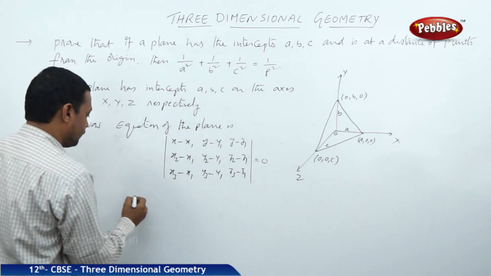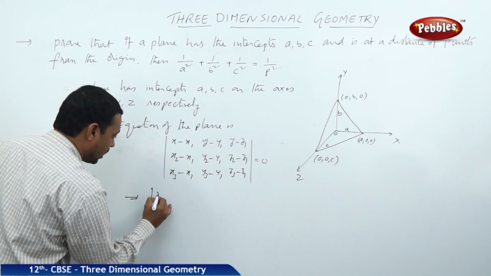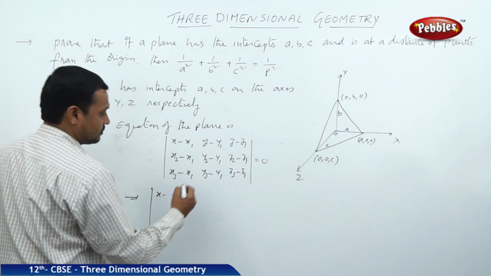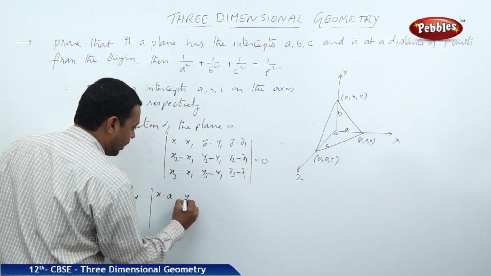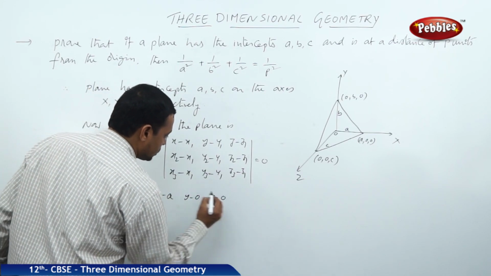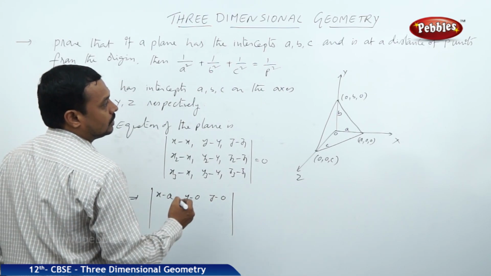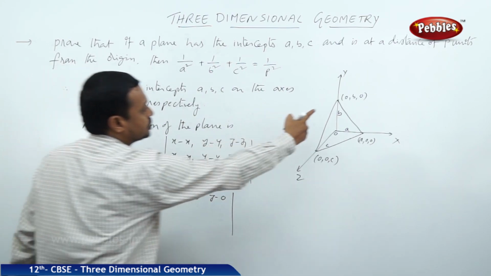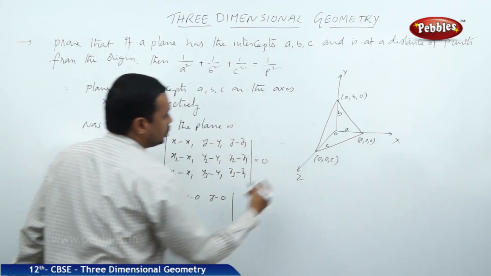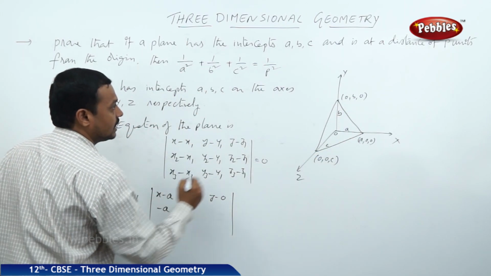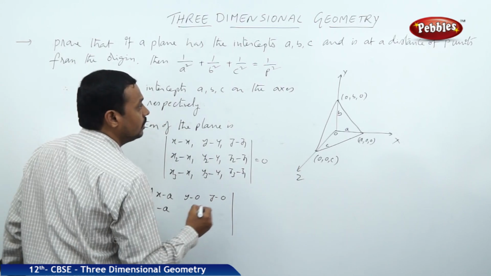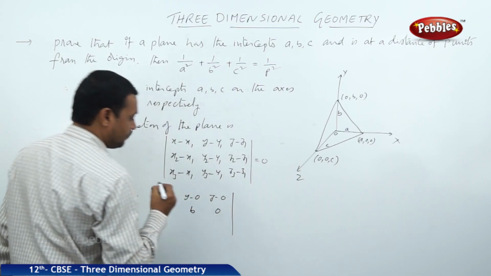Now substitute them. Then the equation becomes x minus a, y minus 0, z minus 0. Next, x2 minus x1, y2 minus y1, z2 minus z1: 0 minus a, b minus 0, 0 minus 0.